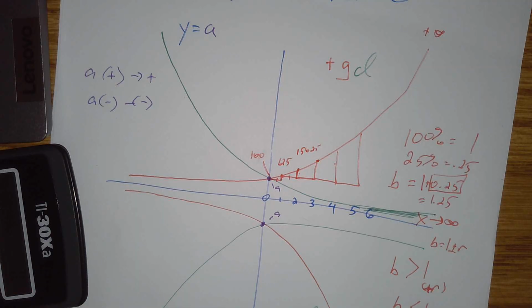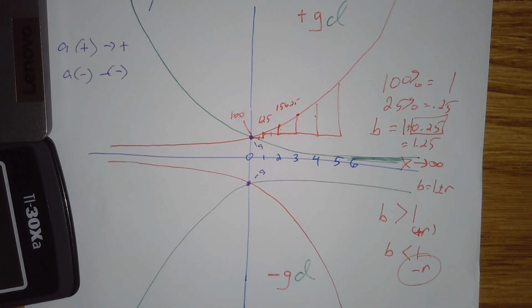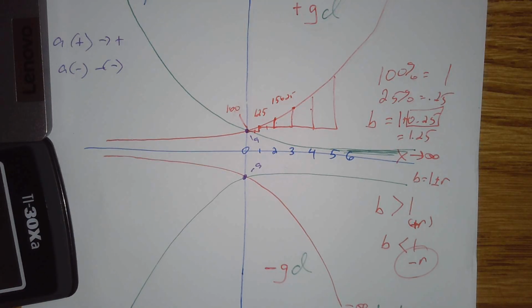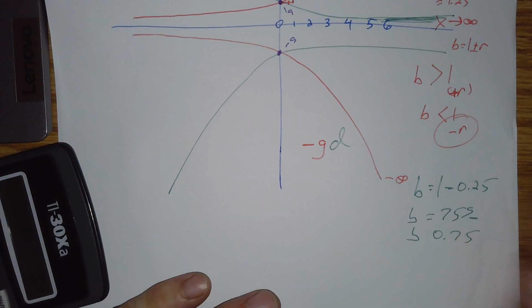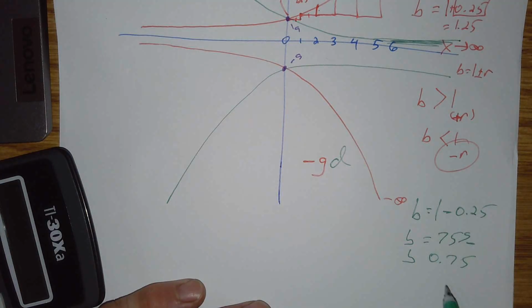Because b equals 1 minus how much it decays by, 0.25 or 25%, or 100% minus 25% equals 75% or 0.75, right? So each time, it's going to be 3/4 or 75% of its previous value, right?